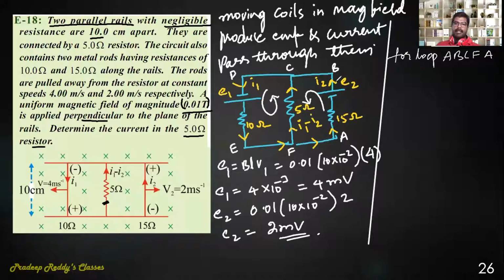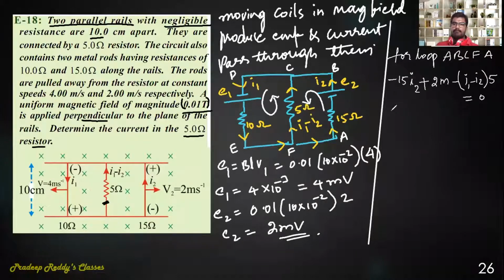For this loop, the current entering this 15 ohm resistor is I2, in the same direction: minus 15 I2 plus E2. E2 is 2 millivolt, and minus the current in this 5 ohm resistor, I1 minus I2, into 5 ohm, should be equal to 0.